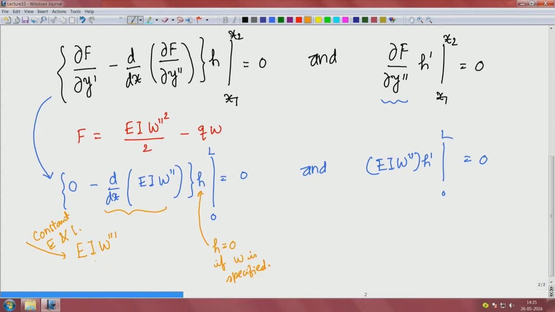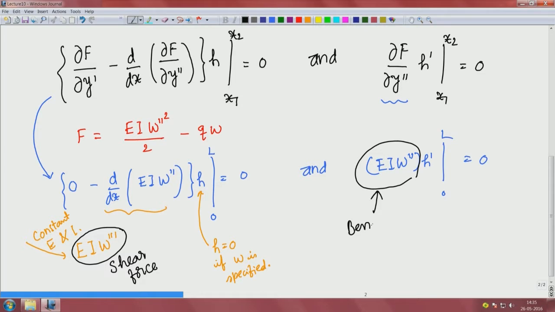So, for that we can actually interpret this again from beam theory, if you recall, that is nothing but the shear force. In the bending moment diagram we do, that is the shear force. Likewise, this particular thing here is bending moment, because w double prime is proportional to curvature and curvature is proportional to bending moment. That is our Euler-Bernoulli beam theory.